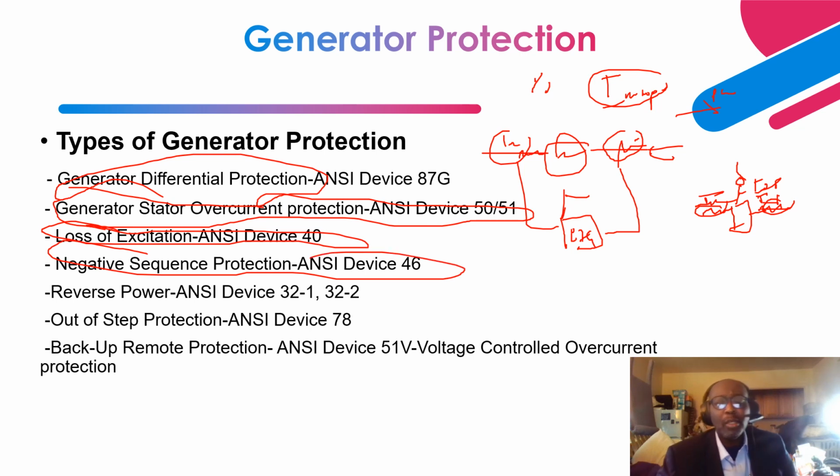Okay, so for whatever reason, during an outage, if you should have a phase reversal, right? Or let's say during normal operation you should have an unbalanced voltage in each phase A, phase B, and phase C, right?